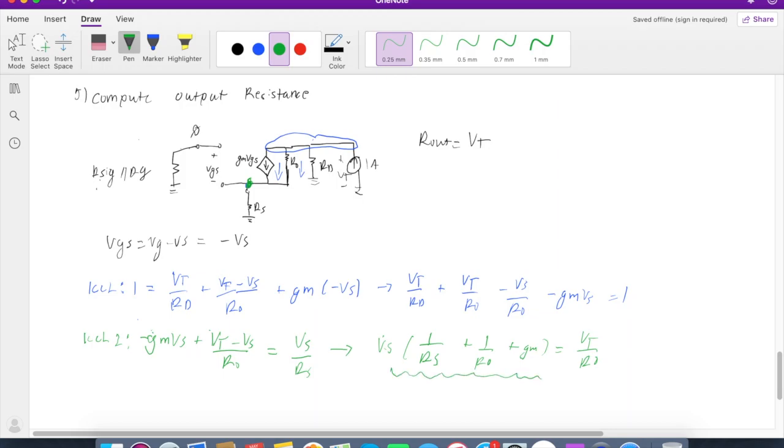We get a function for VS: VS equals blah, blah, blah. And then we can just plug this back into this KCL. Then everything will be in terms of VT except the 1. From there we simply do some algebra and we can easily find our R out answer by finding what VT equals. So your final formula in this equation should be VT equals blah, blah, blah.